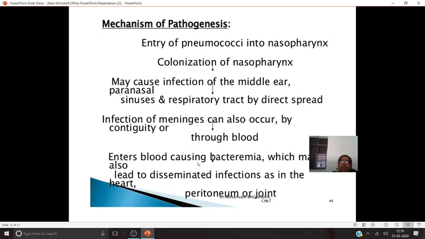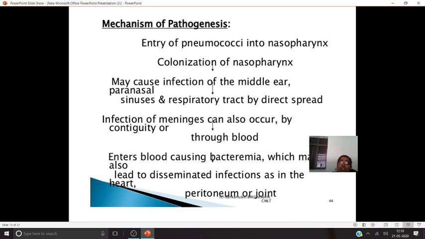Through the blood it also enters the circulation, leading to bacteremia, which also leads to disseminated infection in the heart, peritoneum and joints. So the most common entry of the microorganism is through the nose and oral cavity. Through the nose and nasopharynx, it spreads to the middle ear, paranasal sinuses and respiratory tract, leading to pneumonia.